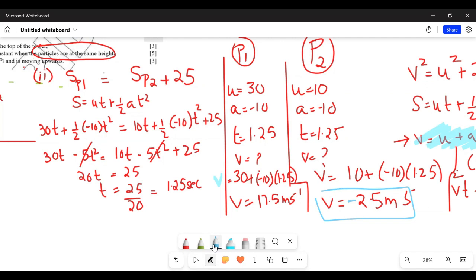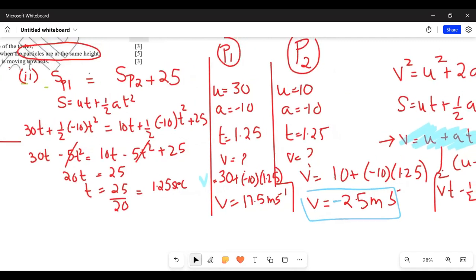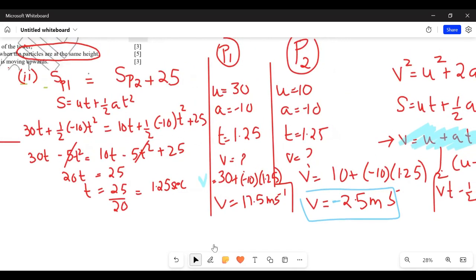Velocity is a vector. It has a magnitude, which is the speed. So speed 2.5 meters per second है. But direction negative है. क्या मतलब? This means that it is traveling in an opposite direction to P1.